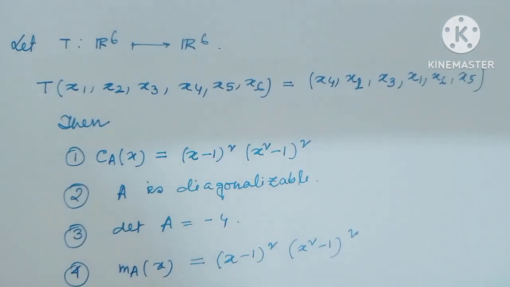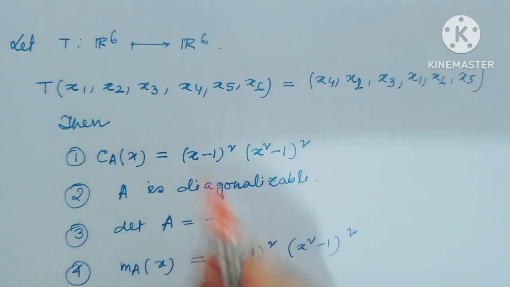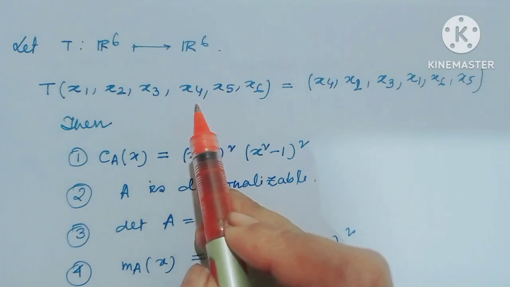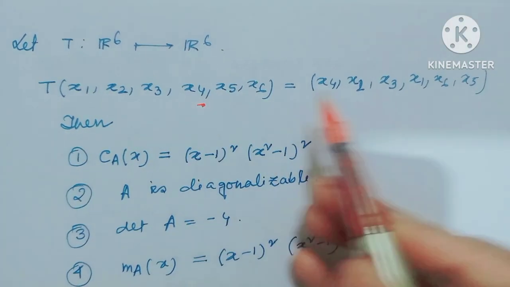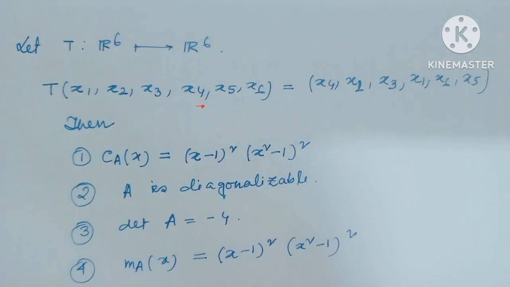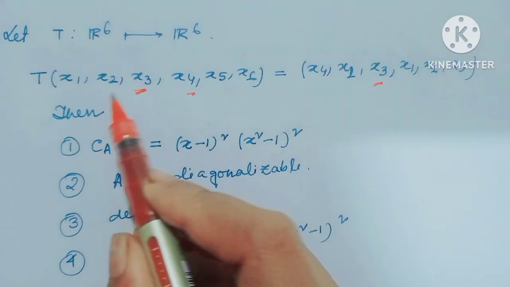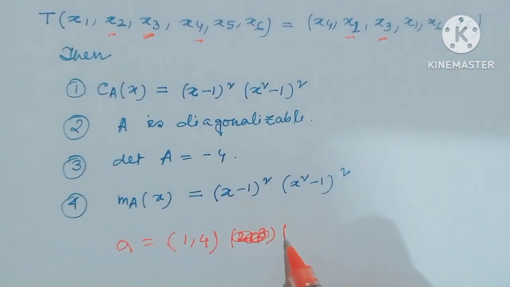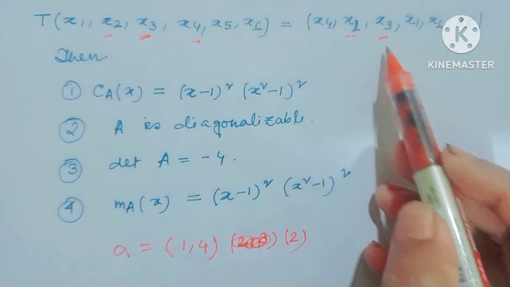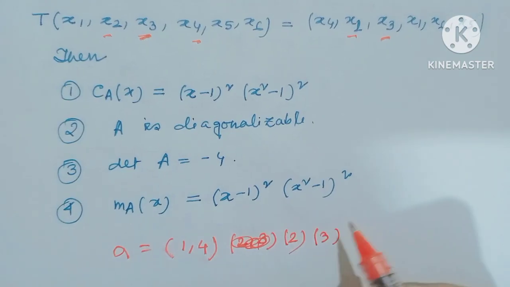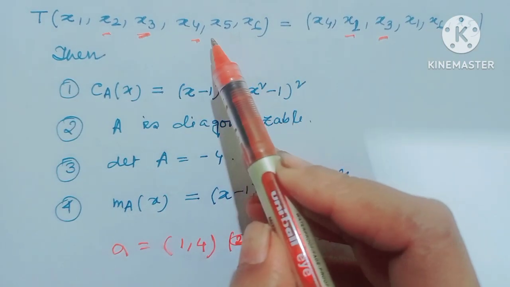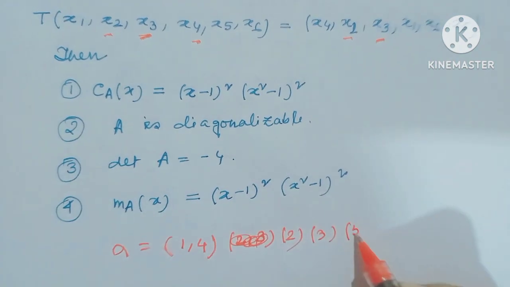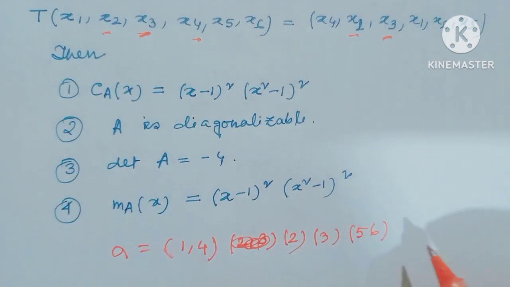Here the map sigma is: 1 maps to 4, 4 maps to 1, then 2 maps to 2, 3 maps to 3, and 5 maps to 6 and 6 maps to 5.